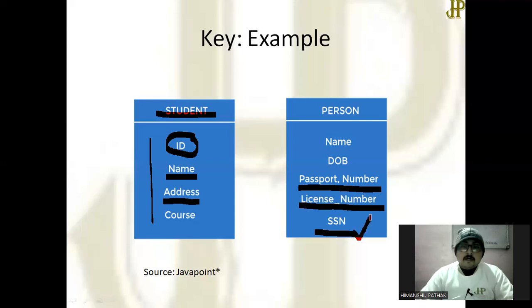In India, an Aadhaar number is assigned to each citizen of India, through which all the information related to that citizen can be fetched. So I hope you understand why a key is an important element.